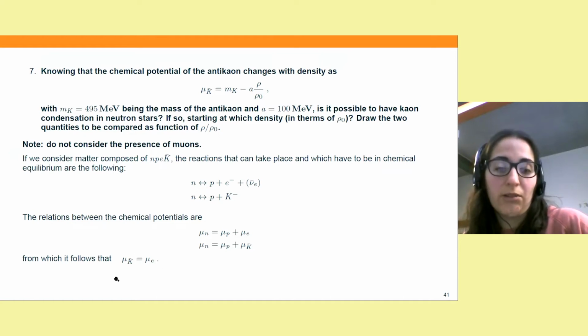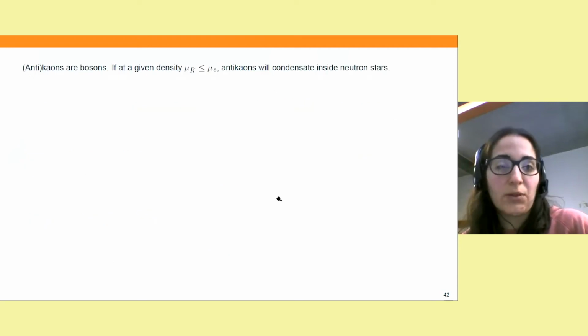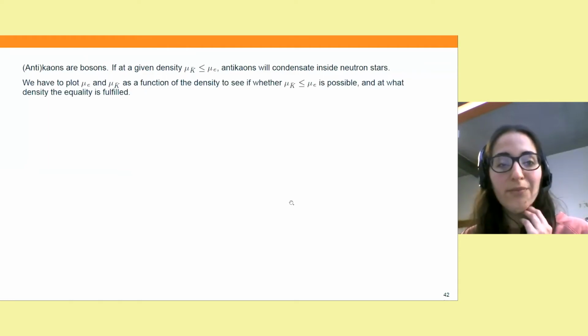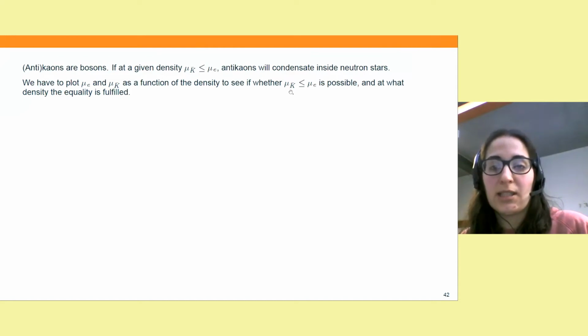This is the condition that beta equilibrium imposes on us. And the density will be determined by the point at which this equality happens.